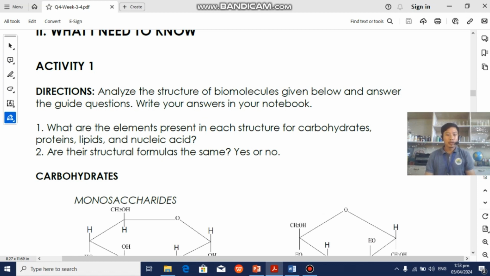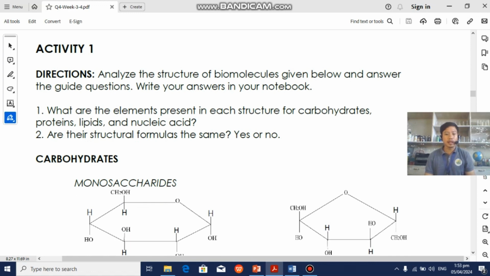Since you know already the different elements present in the biomolecules, I want you to answer activity number 1. This is your activity which you are going to pass on April 11, 2024. You have to answer it on one whole sheet of paper.